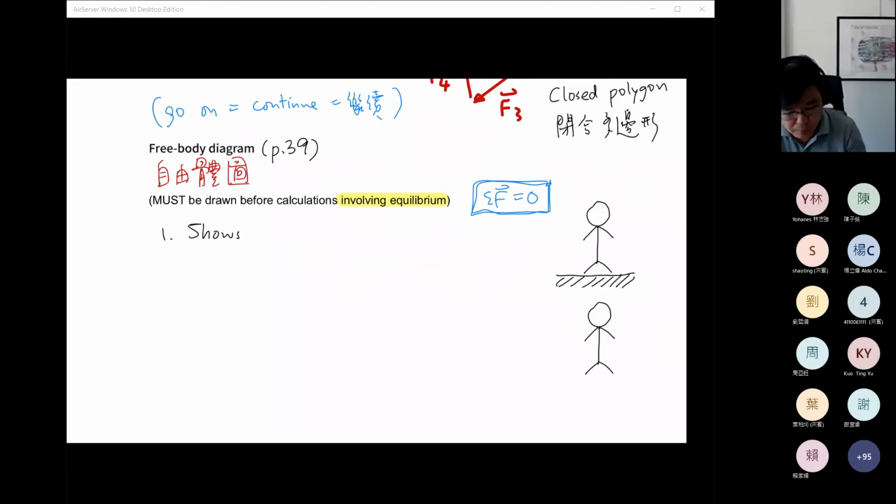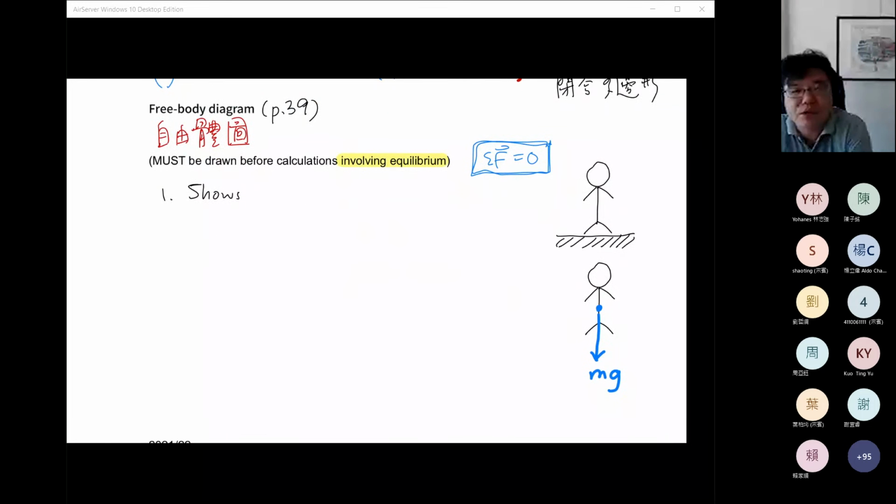Good. And then we have gravity here, and we draw mg, right? mg. But we don't have equilibrium because the forces here are not equal to 0. So what should we do? Does anybody know?